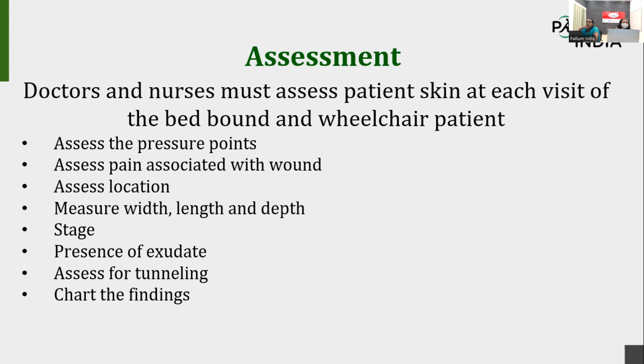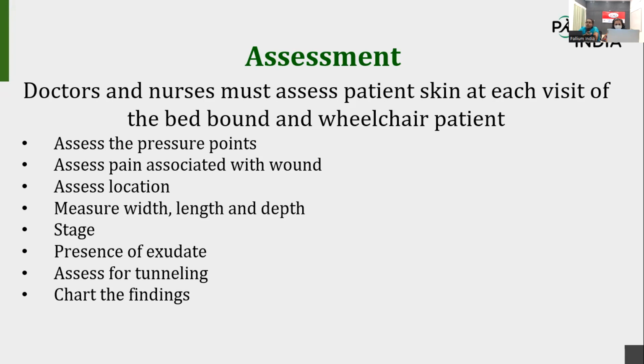Document the stage of the wound and the presence of exudate. Exudate is oozing fluid or a purulent discharge from the wound. Assess for tunneling, and document all those things properly, because we need to cross-check after 1 or 2 weeks whether your treatment is effective or not. Your colleague will also benefit.